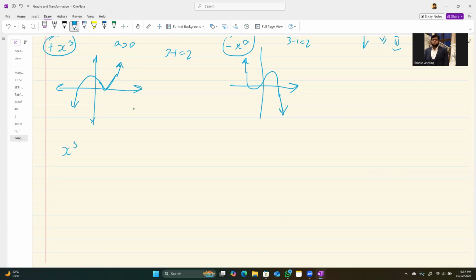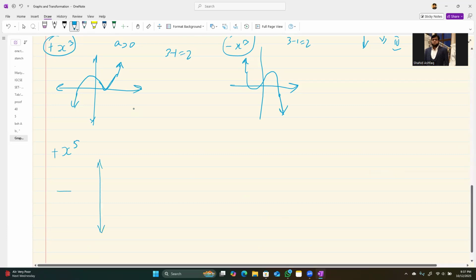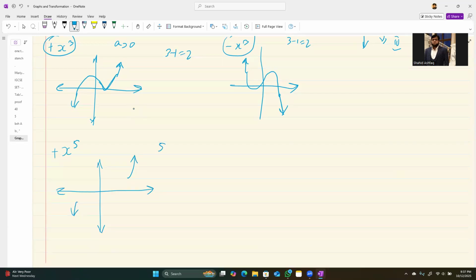Next, when we have x to the power 5 and we make it positive, then we know my ends will go from the first to the third quadrant. The next thing we need to look at is 5 minus 1, which makes 4 turns: 1, 2, 3, and 4. So that graph is going to look very much like positive x to the power 5.